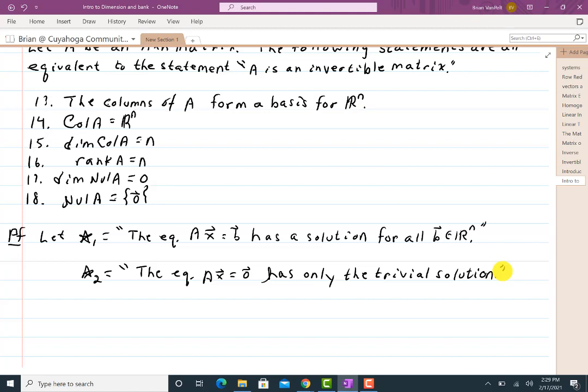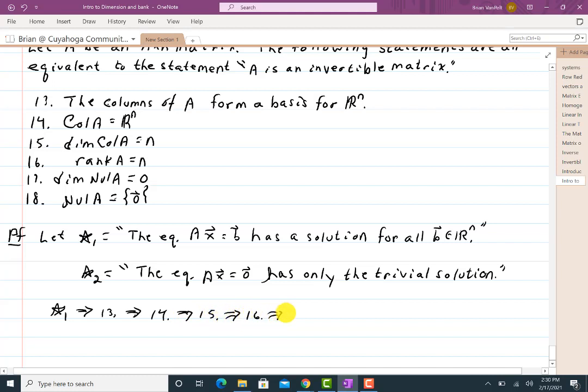So what I'm going to do is prove the following. I have to fix myself here because I'm going to handle 13 separately.